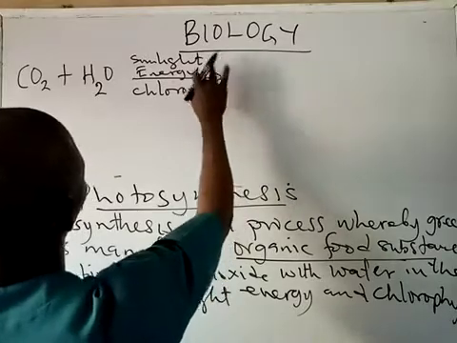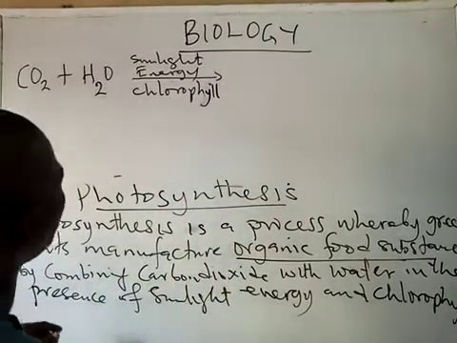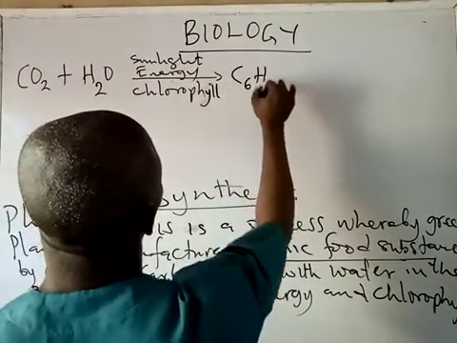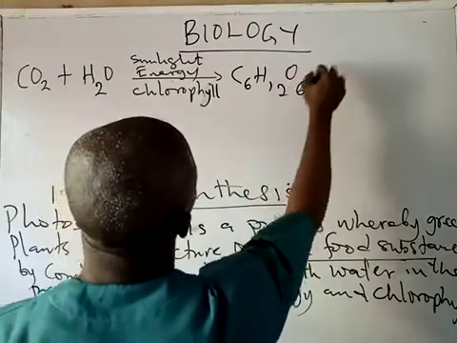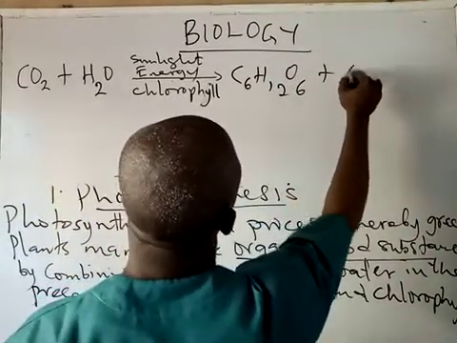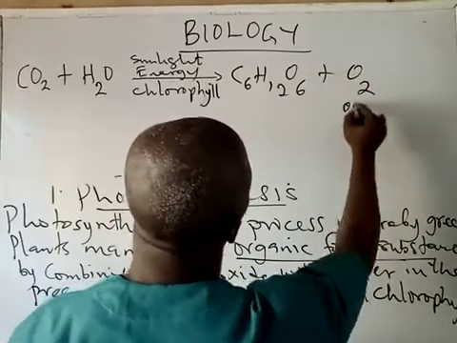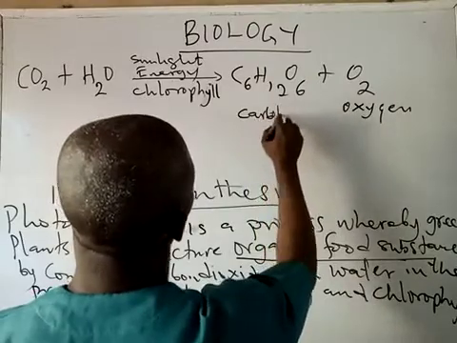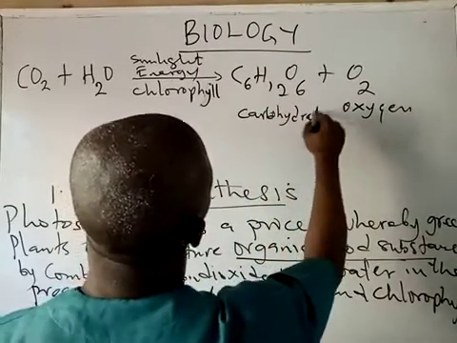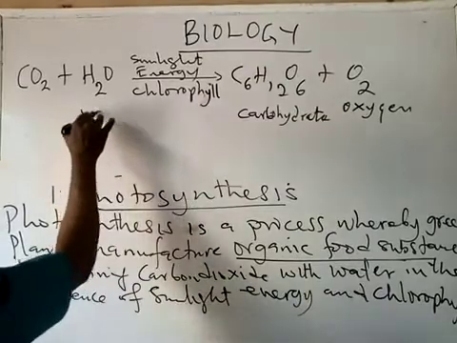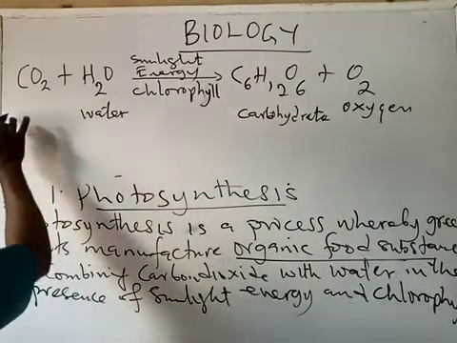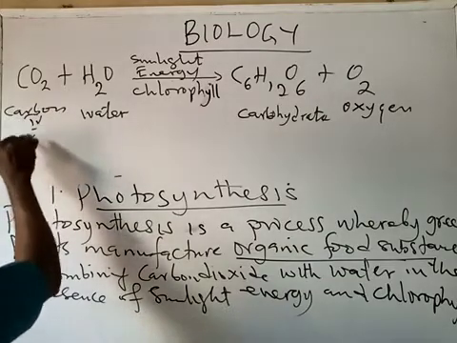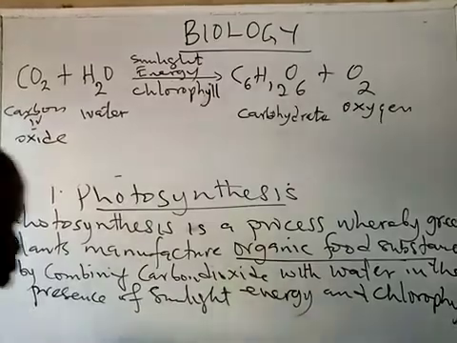Please always watch your spelling of chlorophyll, double L at the end, to produce the carbohydrate. And it is usually with the liberation of oxygen. This is the carbohydrate. And this is our water. This is our carbon dioxide.